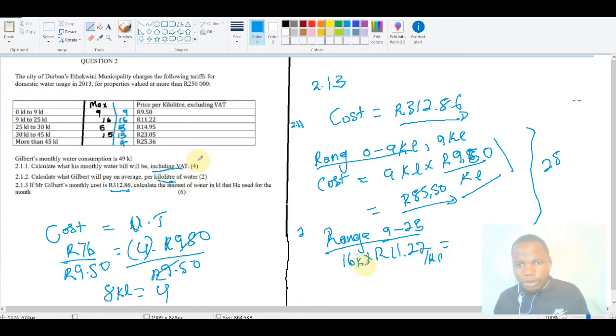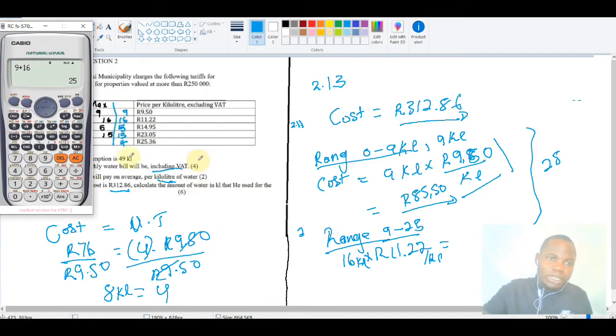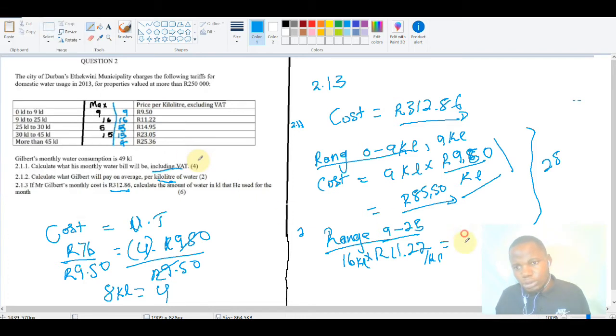So you get 16 times 11 rand 22. So in this case, you have 179.52. Sorry, we have a challenge there.